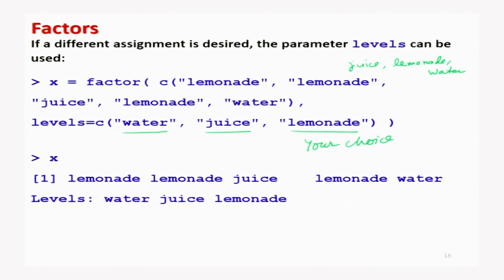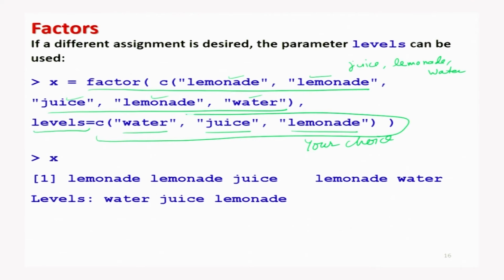So, now how to give the labels of your choice or how to change the labels which are obtained by the default operation. So, in order to do this thing, you simply try to do the same operation that you try to factor the data, say lemonade, lemonade, juice, lemonade and water, and after that you try to give here one more command here labels equal to whatever labels you want to give here, right.